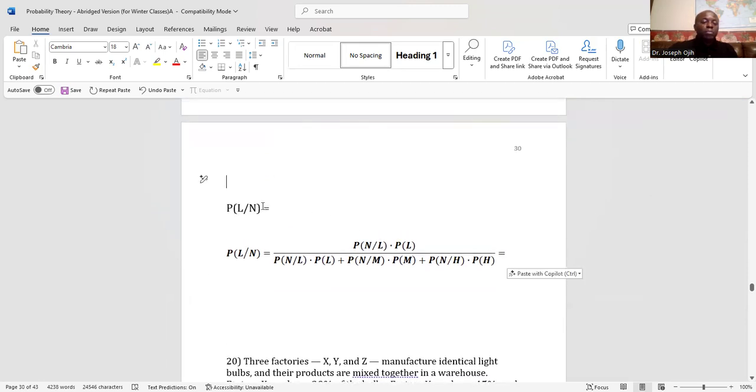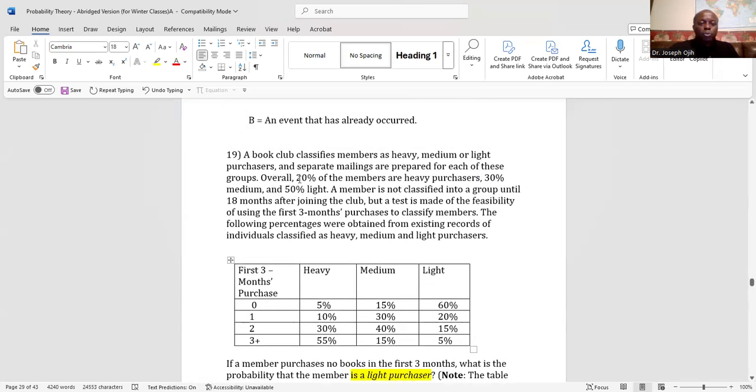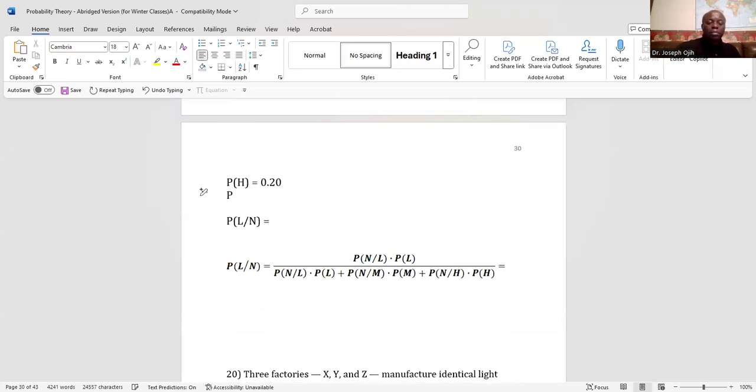According to what you have in the table, overall 20% of the members are heavy purchasers, 30% are medium, and 50% are light. So for heavy, you have 20%, which is 0.2. For medium purchasers, it says 30%, 0.3.